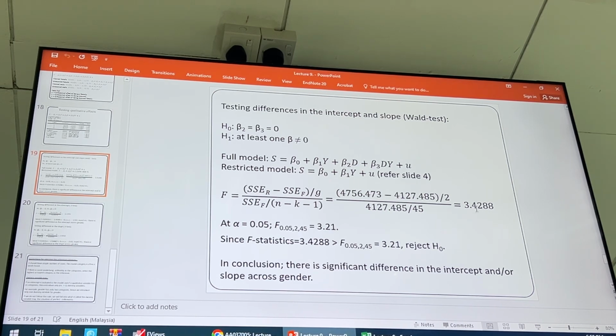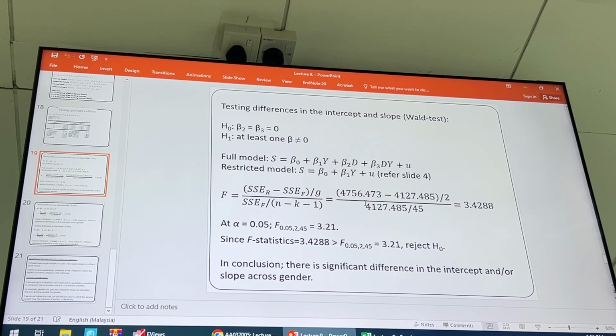In this case, the test statistic is slightly greater than the critical value, so we reject. Rejecting means we can conclude at least one of these is not equal to 0, but we don't know whether both are not equal to 0 or only one of them, and if only one, we don't know which one.